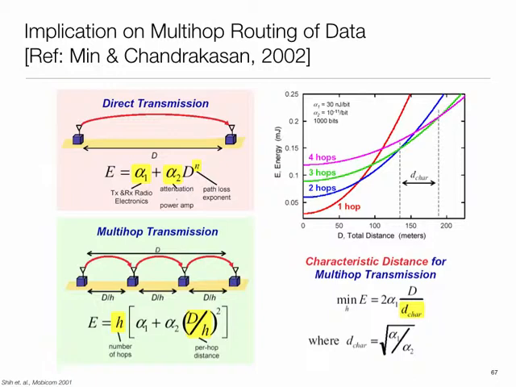So this basically makes the case that multi-hop helps. It in turn creates other complications.